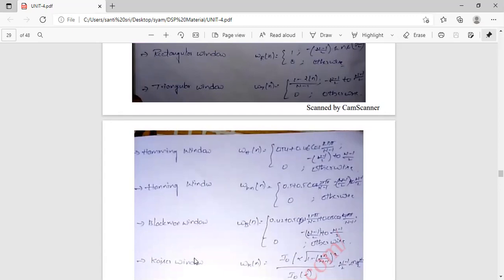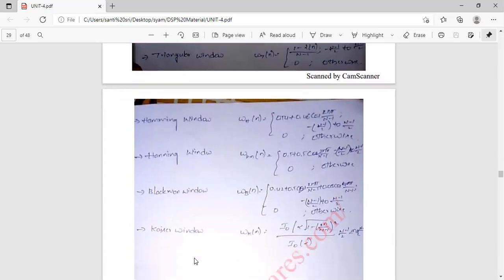For the Blackman window, WB of n, the window sequence is 0.42 plus 0.5 cos 2 pi n by (N minus 1) plus 0.08 cos 4 pi n by (N minus 1) from minus (N minus 1) by 2 to (N minus 1) by 2, and 0 otherwise.